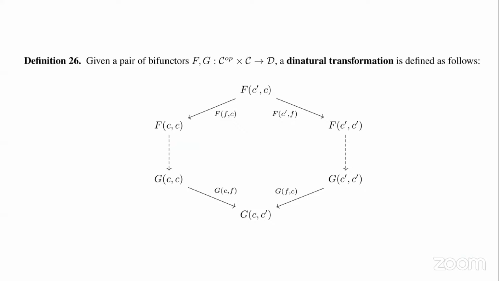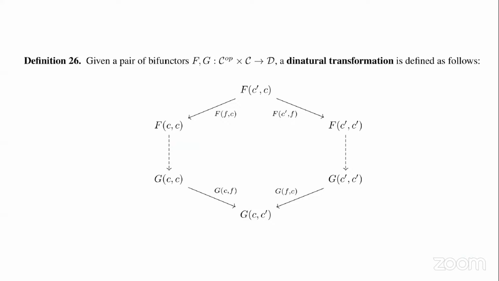So now, let's say I have two bifunctors F and G. I'm going to compare them using a dinatural transformation, and it looks kind of like this. Let's say I start with F of C prime C, where C and C prime are just two objects in the category. F of C prime C must be some object in category D, doesn't matter what it is.